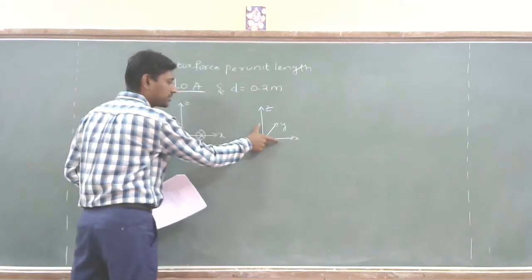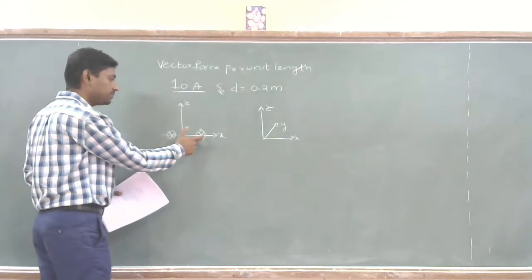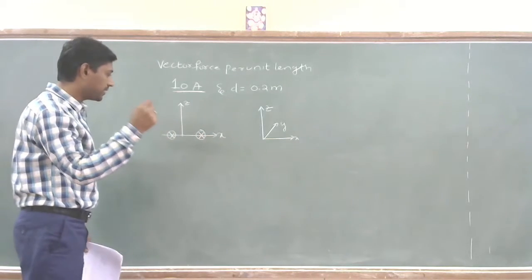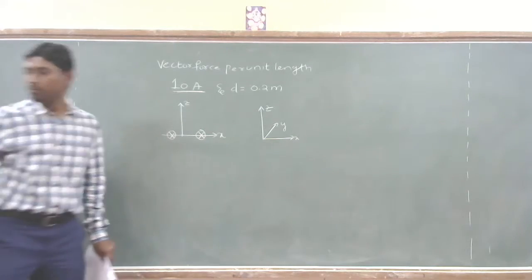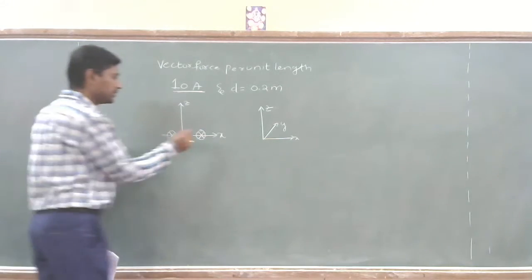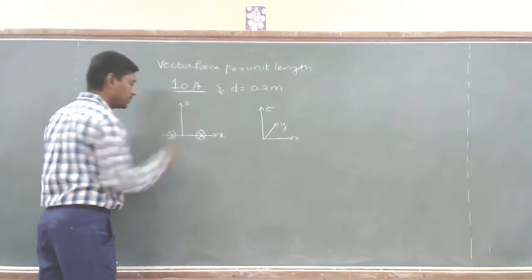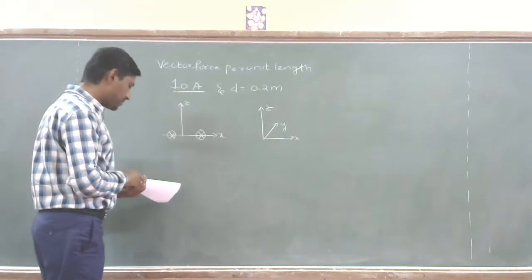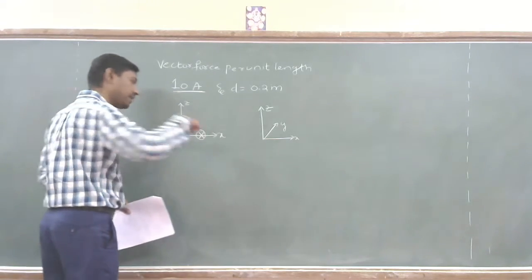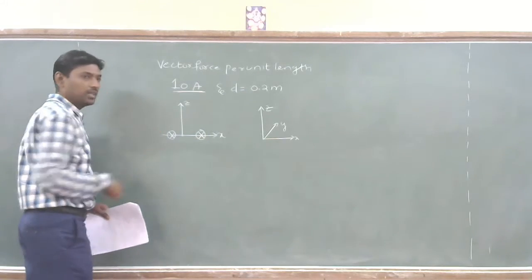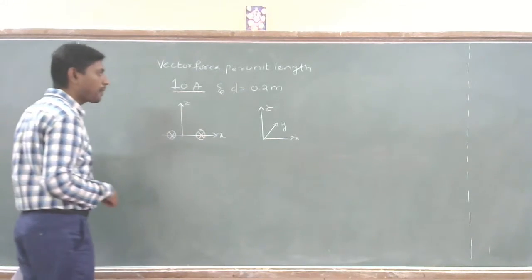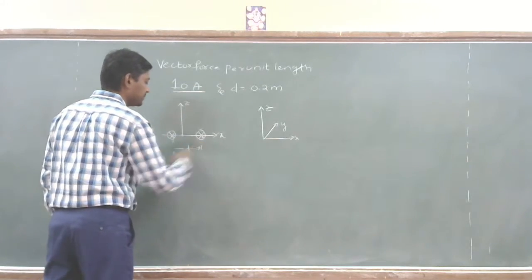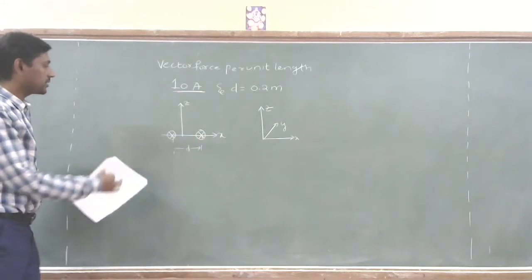This cross mark indicates that the conductor is going into the board, and here also it is going into the board. So the current is flowing like this, here also the current is flowing like this, and the separation between them is d. I have taken this arrangement.